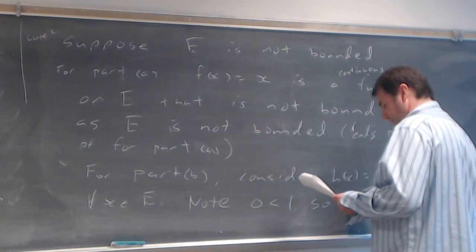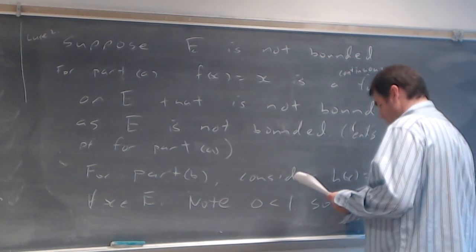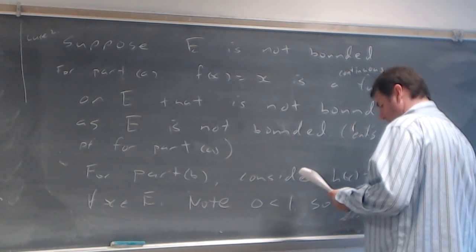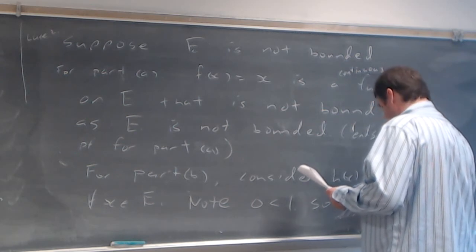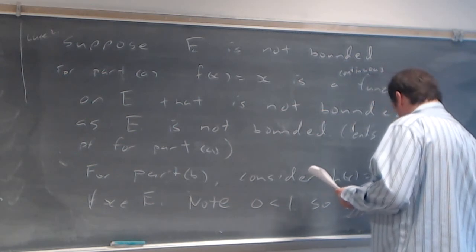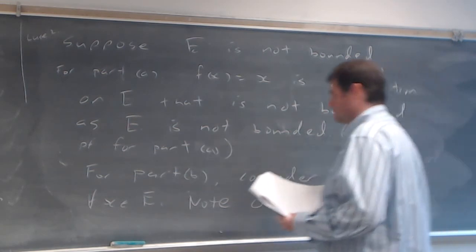So that says that 0 is less than or equal to x squared, which is less than 1 plus x squared.